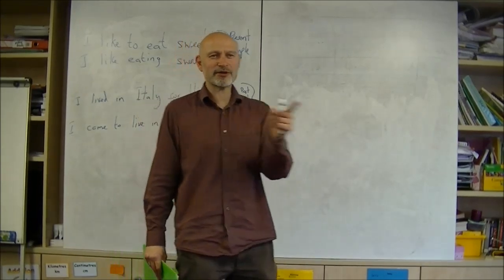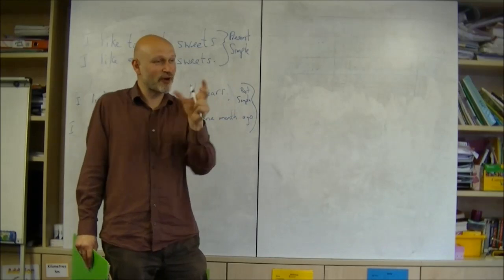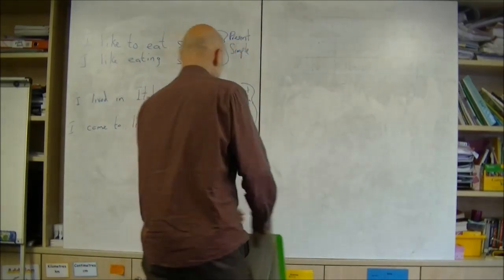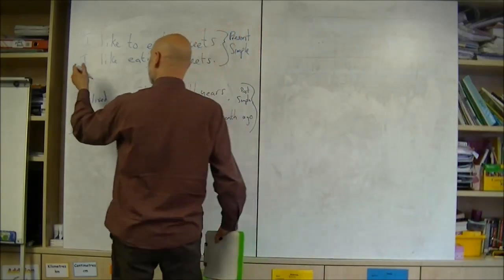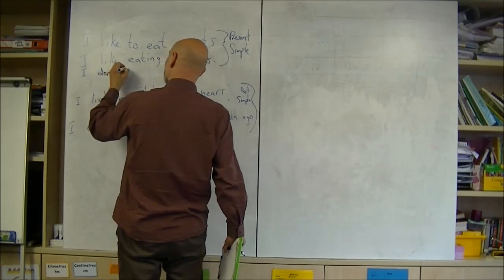Okay, can someone help? I don't like pizza. Yes, remember, negative of I like pizza is I don't like pizza. Let's write it on the board because it's a nice sentence. It goes with this very nicely. I don't like.